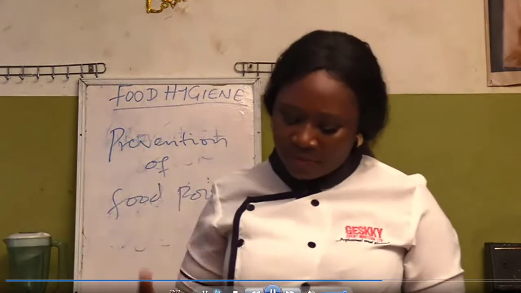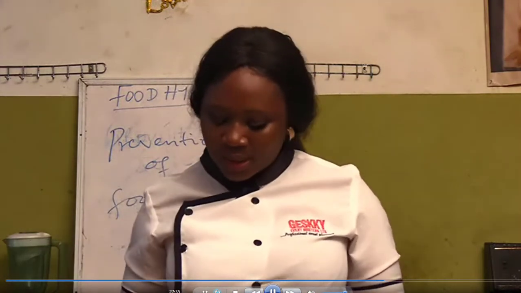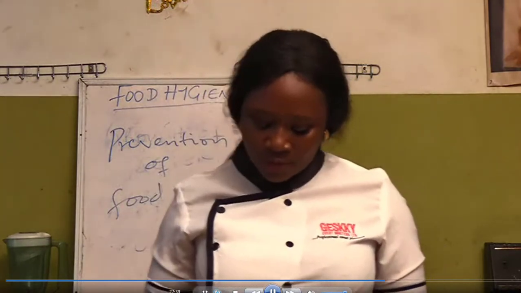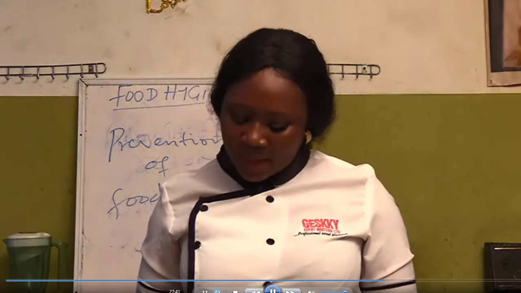So make sure that you prevent this from happening, and also prevent the entrance of bacteria such as germs into your food. It could lead to food poisoning. Also prevent chemical food poisoning from occurring.